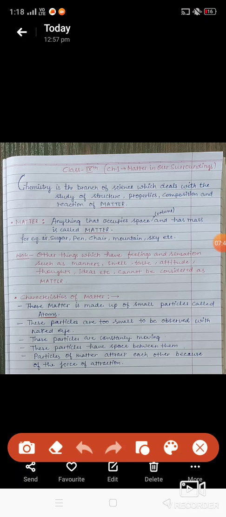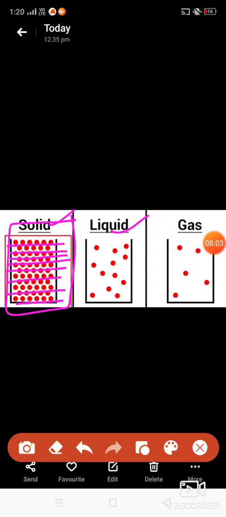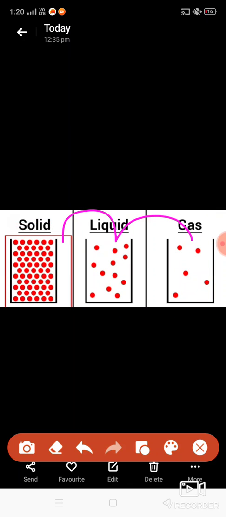Next characteristic of matter is that particles of matter attract each other because of the force of attraction. Due to the presence of force of attraction in the particles of compounds, or substances, or matter, particles attract each other. See here, these are the states of matter: solid, liquid, and gas.